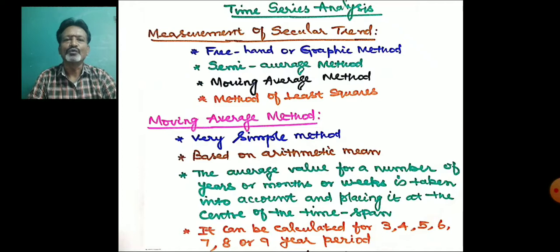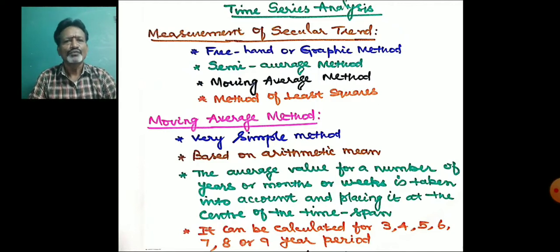And number 4, the method of least squares. This particular video lesson concentrates on how to measure secular trend with the help of the moving average method. So there are 4 methods, and we are concentrating only on the moving average method in this video.